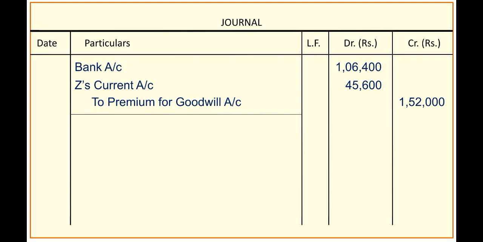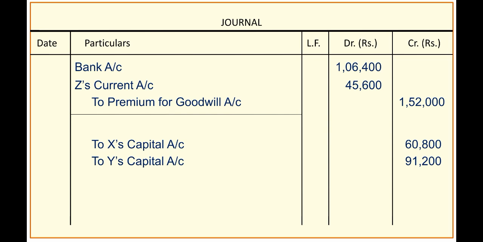Then this is to be distributed among partners. You have seen X's balance was positive, so we will credit X's capital account 60,800, Y's capital account 91,200, and debit premium for goodwill 1,52,000.